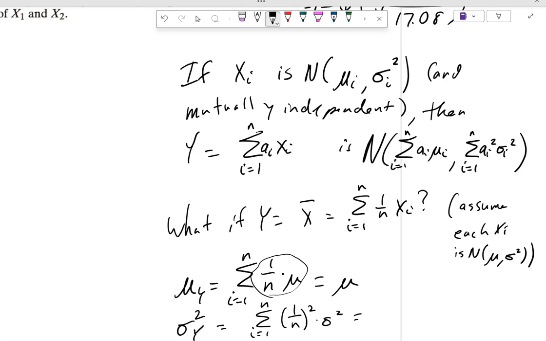Yep. What do you get in the next one? Sigma squared over n. So notice that, and this is a very, very important statistical concept, by the way. And this pops up a lot.